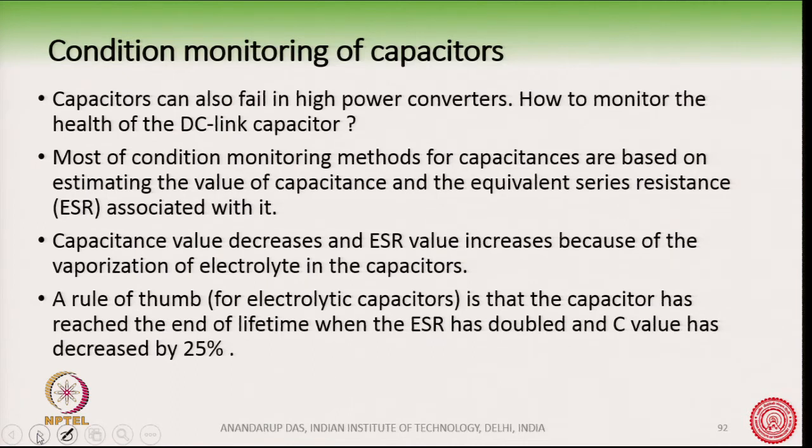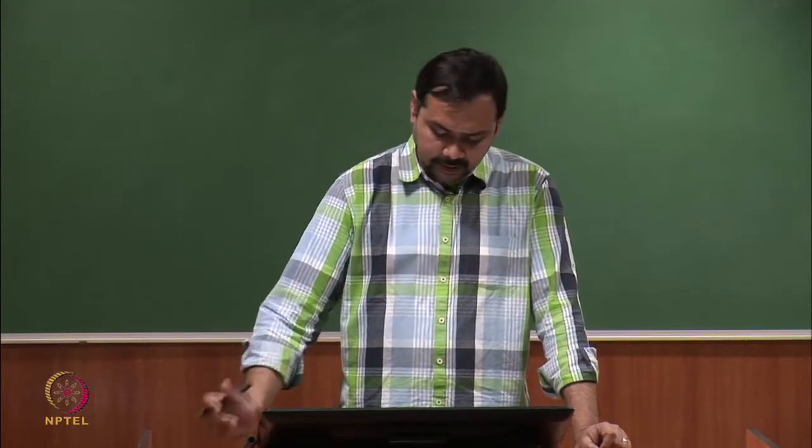So, if we can measure this ESR value or the capacitance value in situ, then it is possible to know the health of the capacitor. A rule of thumb is that the capacitor has reached the end of its lifetime when the ESR has doubled and the C value has decreased by 20 to 25%.